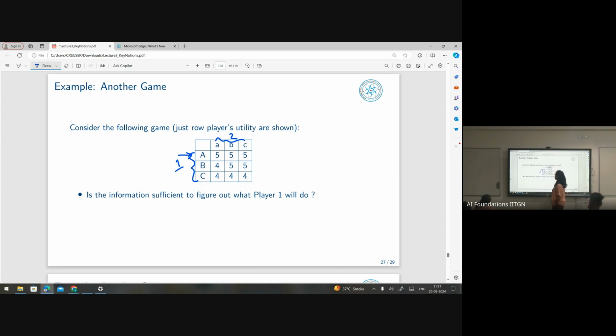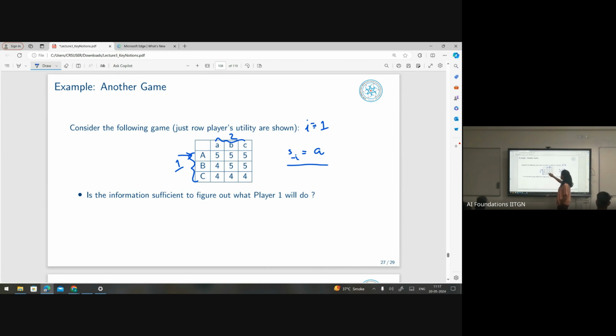If S minus I is equal to a, and I is equal to 1, so I is 1 and S minus I means the strategy that the second agent is choosing is a, then what should be my strategy?